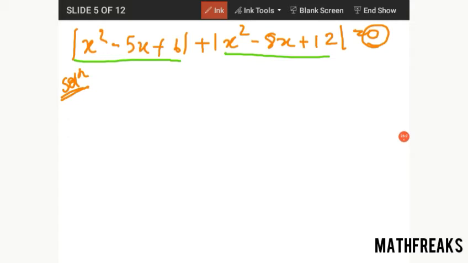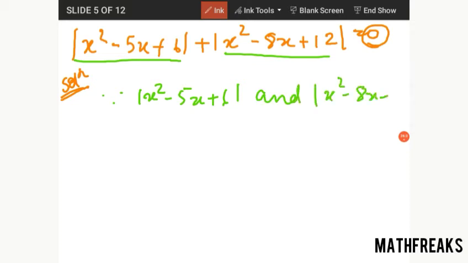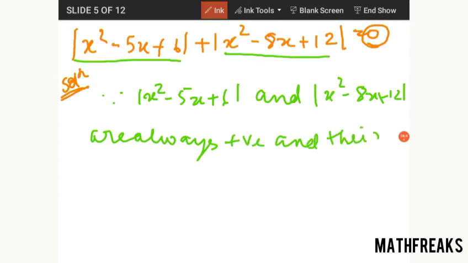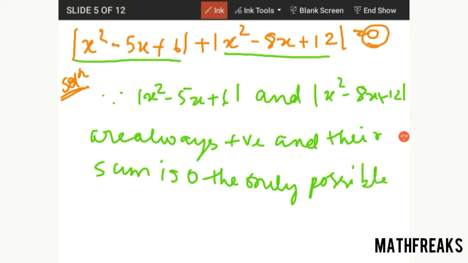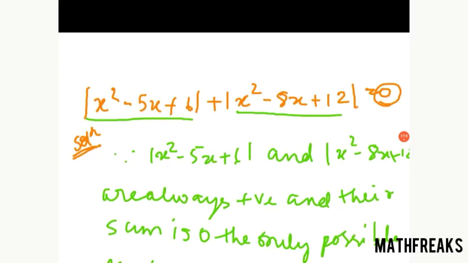Okay, so simply you can write a statement: since both are non-negative, the only possible case is that both are equal to 0.